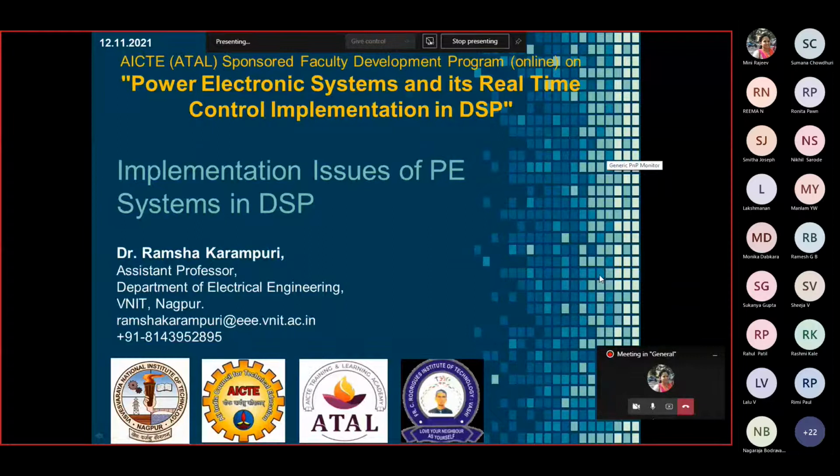In this session, I want to discuss in depth how a research problem can be viewed and how we can rectify the problem when it arises. In that context, I want to talk about the implementation issues of power electronic systems in digital signal processors. I once again thank the organizers for inviting me to this FDP. Yeah, let us start.